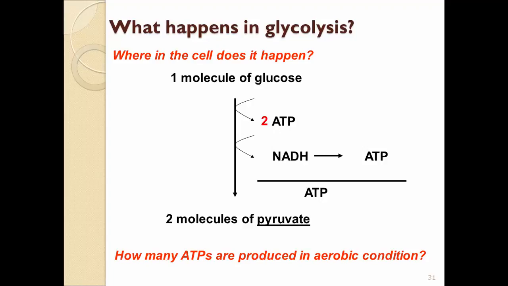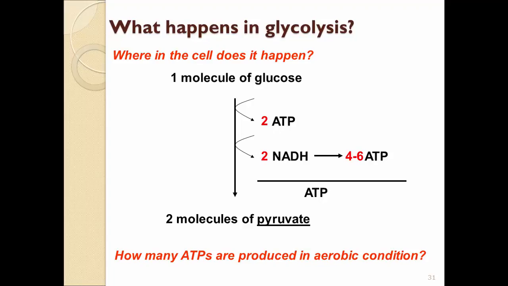So that's why the net ATP production is 2. And what about NADH? 2, yes, correct. And how many ATPs do you expect to be generated from 2 NADH through the electron transport chain? 4 or 6. Why 4, why not 6?